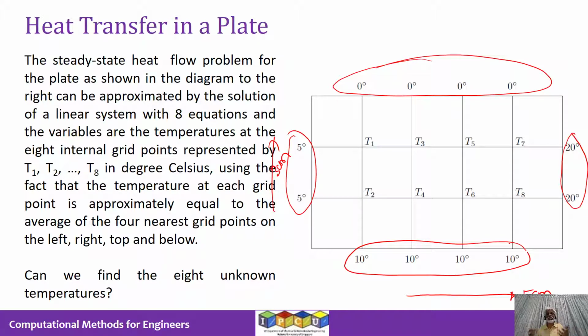So let's say this plate was stored at 100 degrees Celsius somewhere, and then you bring it suddenly to this environment where the left face is maintained at 5, the right face at 20, the top face at 0 degrees Celsius, and the bottom face at 10 degrees Celsius. So the temperature of this plate will undergo transients, right?